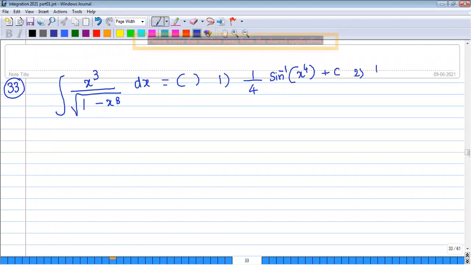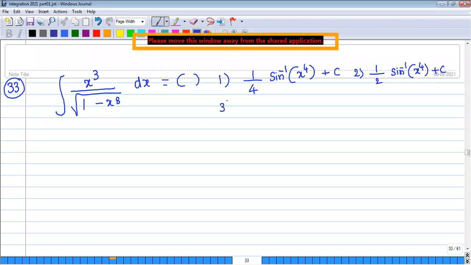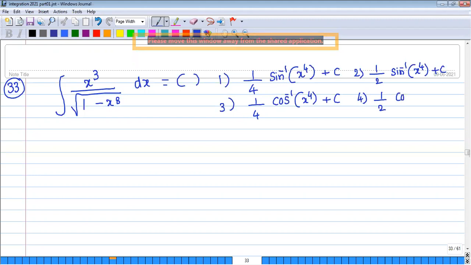Second, half times sine inverse x power 4 plus c. Third one, 1 by 4 cos inverse of x power 4 plus c. Fourth option, 1 by 2 cos inverse of x power 4 plus c.